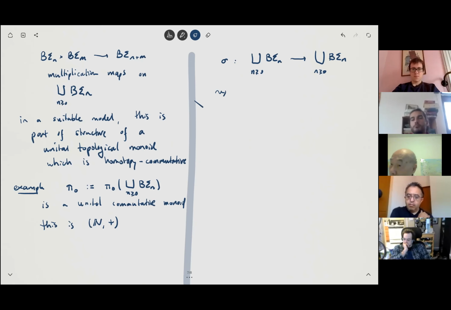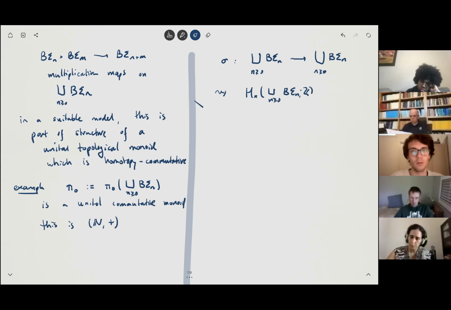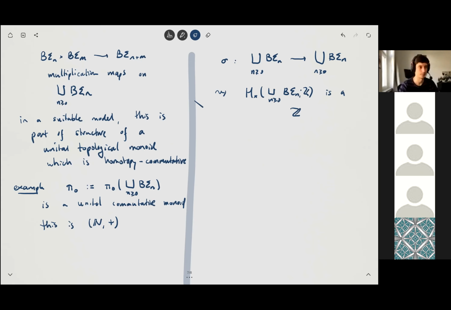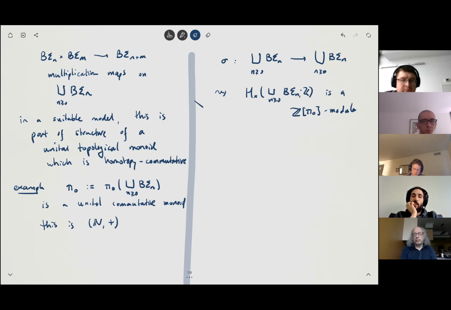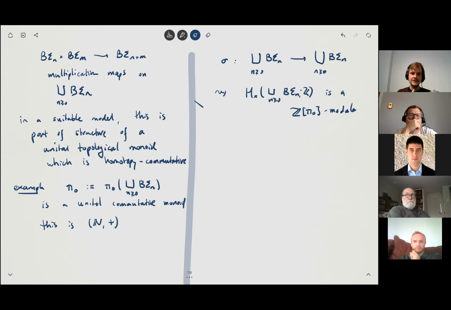And the result of that is that the homology of this disjoint union becomes a module over Z of pi 0, so the free abelian group on pi 0. This is just isomorphic to a polynomial ring.